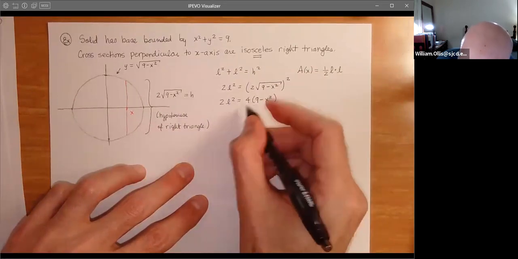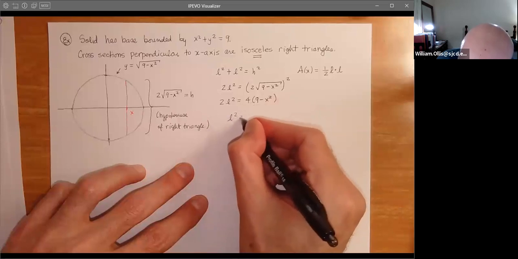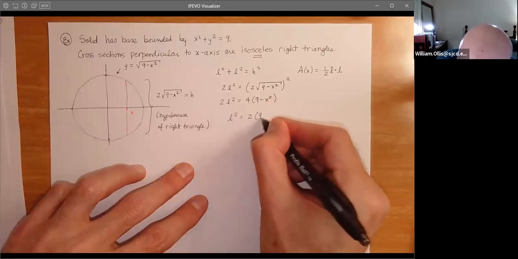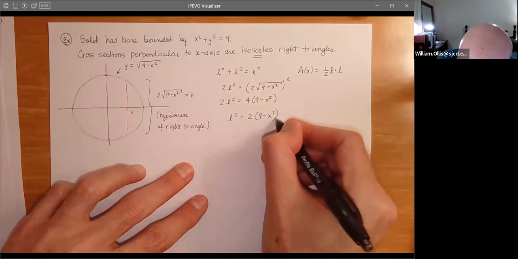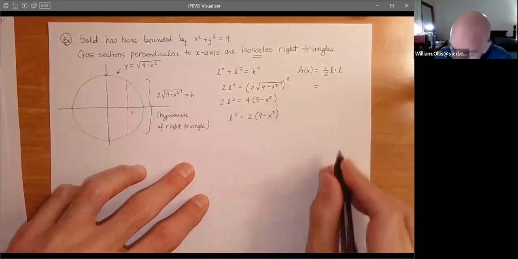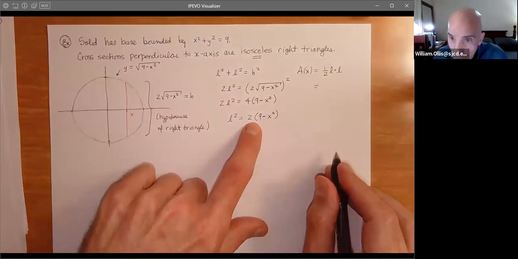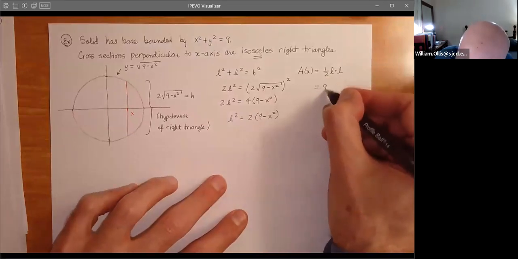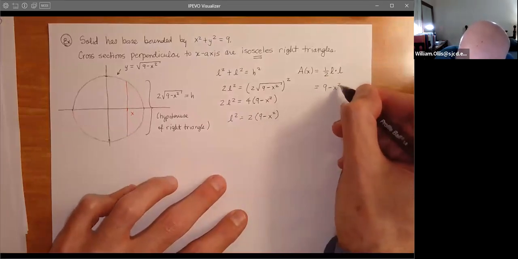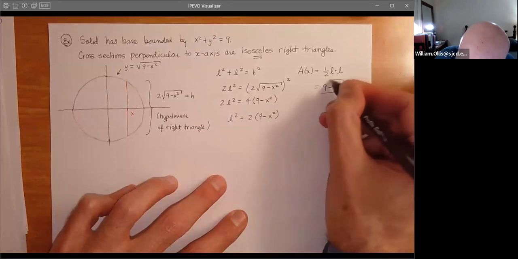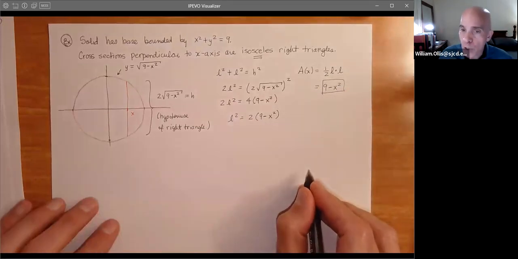And of course the 2 absorbs, so L squared equals 2 times 9 minus X squared. So of course this implies when we do half of this, the 2 goes away. So this is just 9 minus X squared.